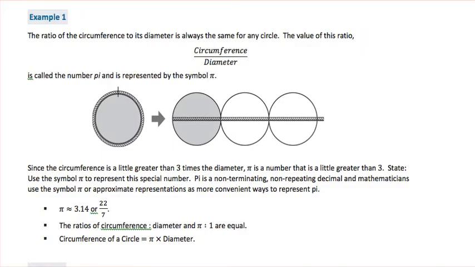Now, the ratio of the circumference to its diameter is always the same for any circle. The value of this ratio, circumference to diameter, is called the number pi and is represented by the symbol pi. Since the circumference is a little greater than 3 times the diameter, pi is a number that is a little greater than 3.